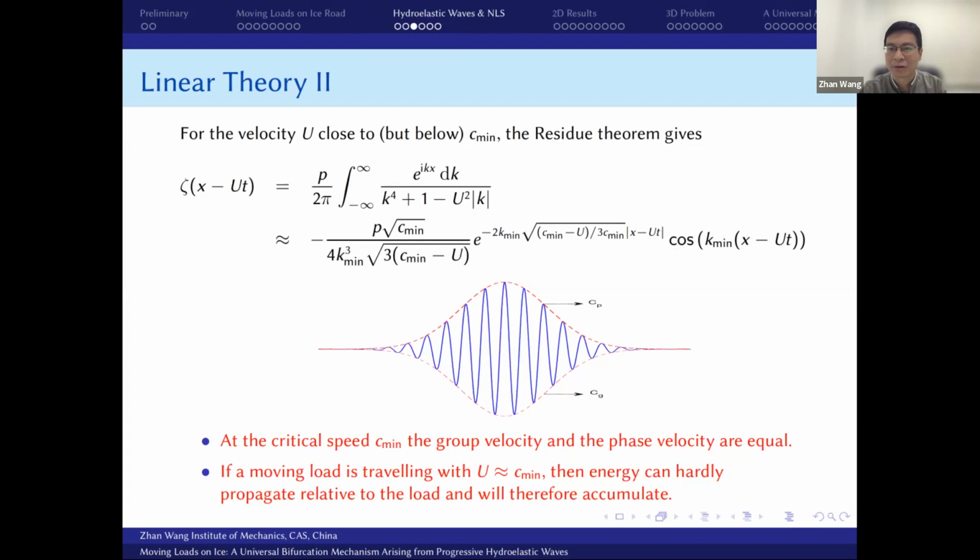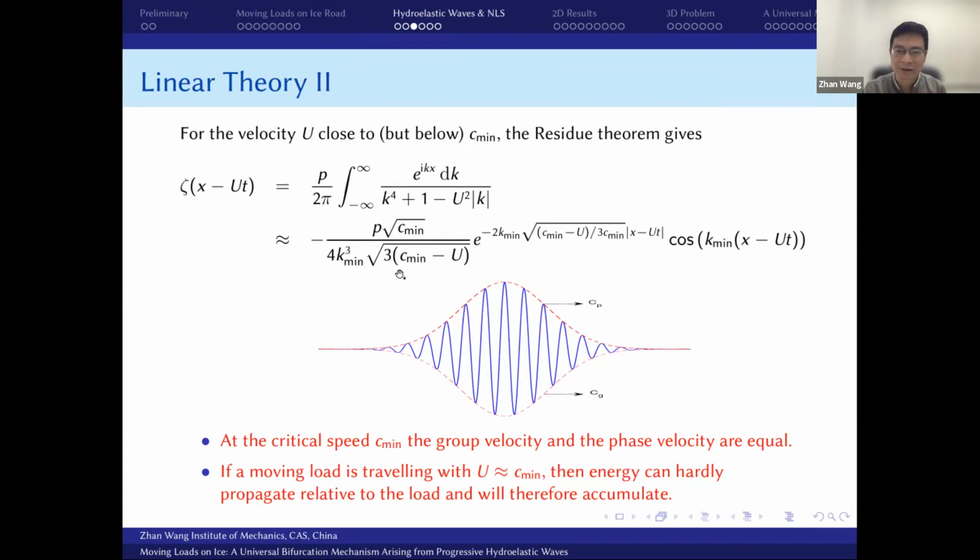They all propagate with the constant speed u. Number three, the envelope is much longer than the wavelength of the carrier wave, because u is very close to c min, so in the exponential, this is a small parameter. So the envelope is very long. Number four, if u is very close to c min, the amplitude could be very large in this expression.